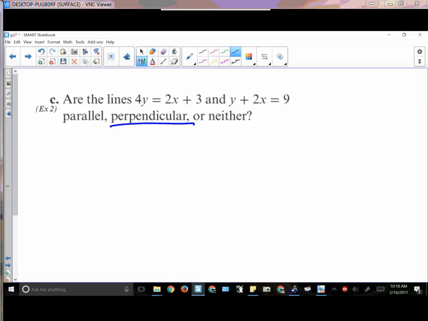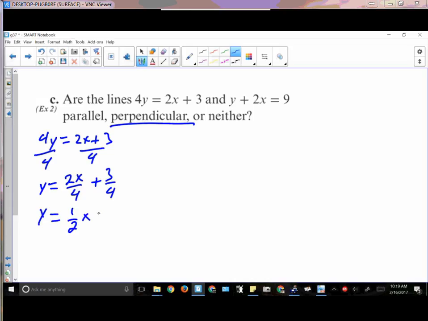Let's check it out. The first equation is 4y is equal to 2x plus 3. That's not the form we need. So we need to divide both sides by 4. Y is going to be equal to 2x over 4 plus 3 over 4. That simplifies down to 1/2 x plus 3/4.